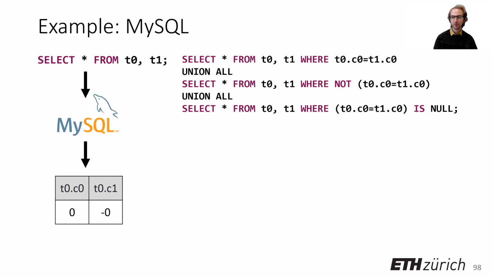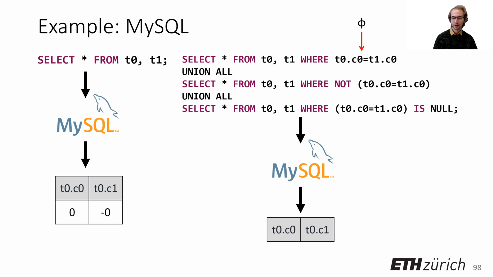And from this we derived more complex partitioning queries. You can see here that as phi, we basically generated a comparison between the column C0 in T0 and T1. And these three queries here unexpectedly didn't fetch any rows, which allowed us to finally report this bug because we expected that it would be the same as for the original query.